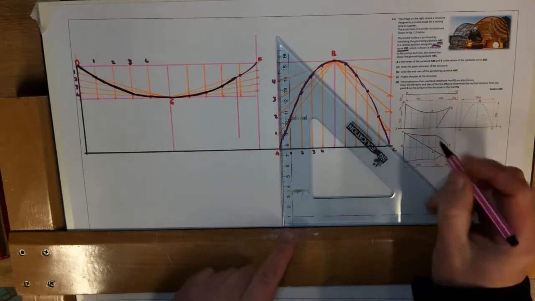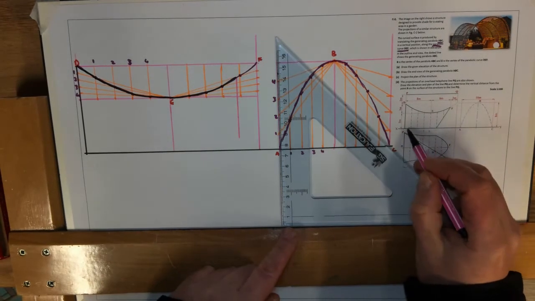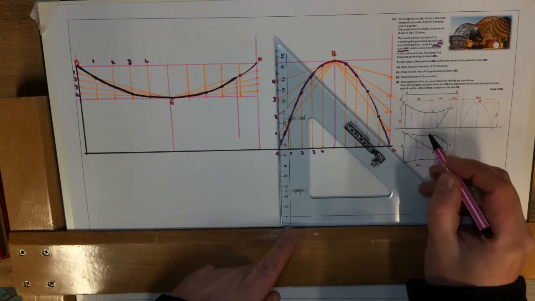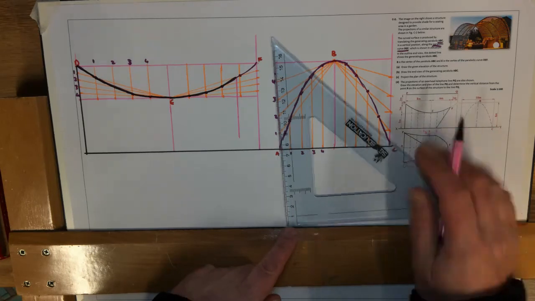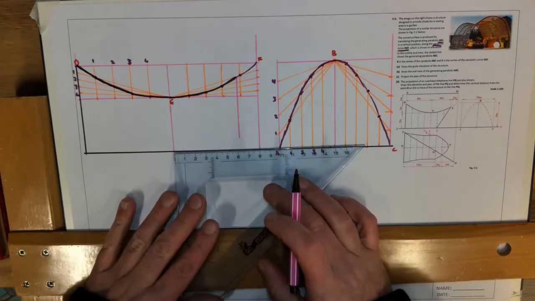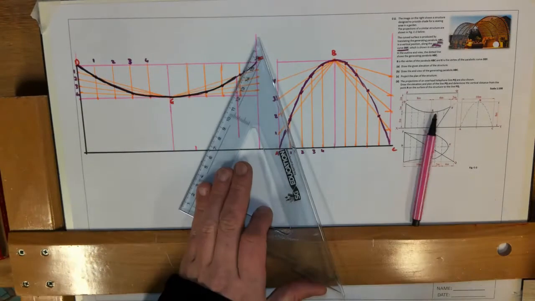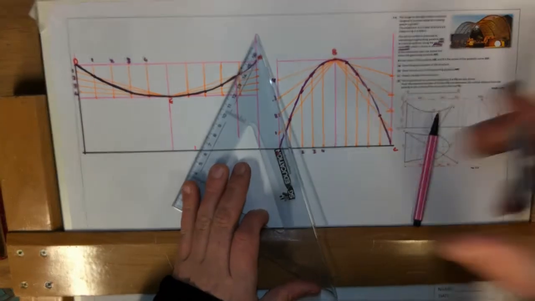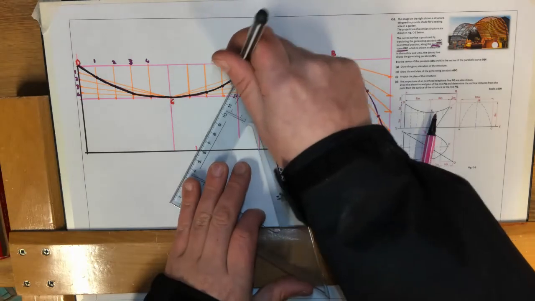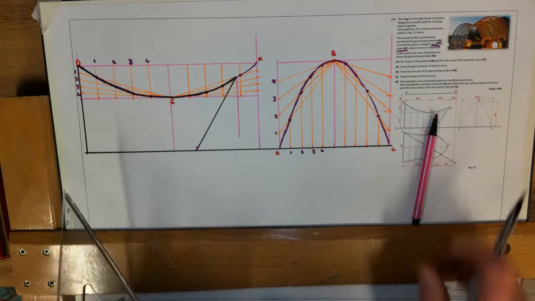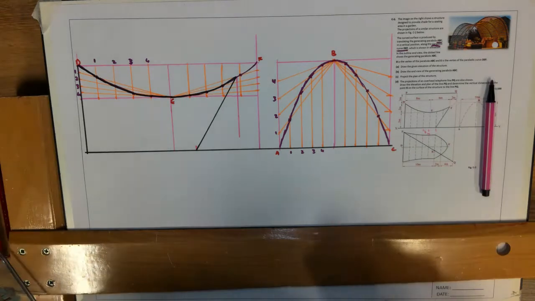So basically that means the gap between every one of these must be 4 into 8, so it must be 2 meters apart. So this bit here must be 2 meters. So what I'll do is I'll measure out 2 meters here, and I'll mark a point, and then I'll join that to that. Okay, and that's my front view done.